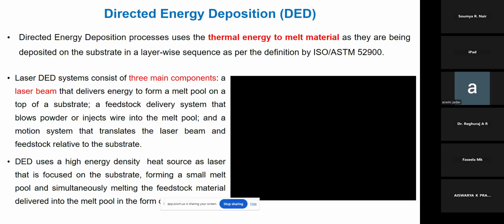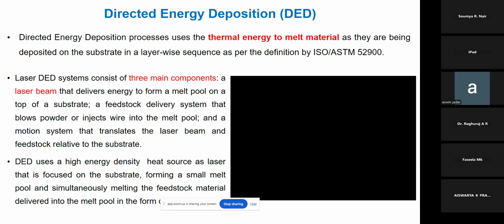Meantime, simultaneously, it will melt the feedstock material also. Most of the time, feedstock will be powder. Sometimes it will be wire. If it is wire and the heat source is electric arc, then you call that system wire arc additive manufacturing. Hope you understand.